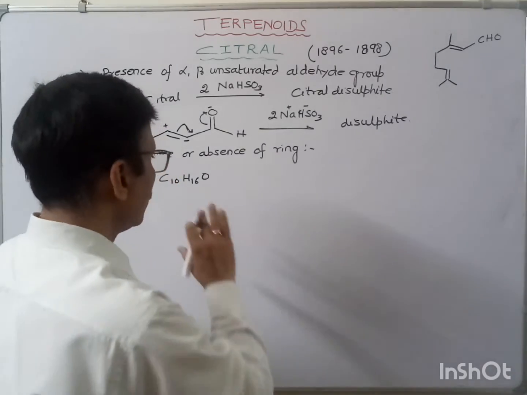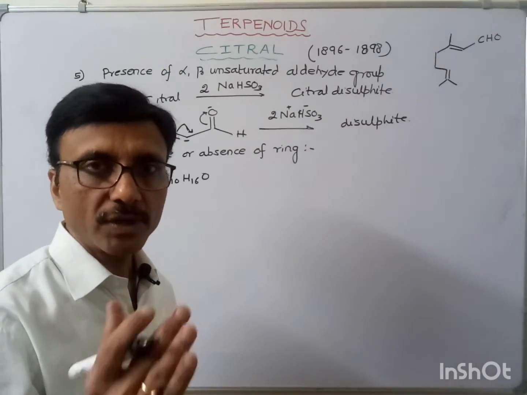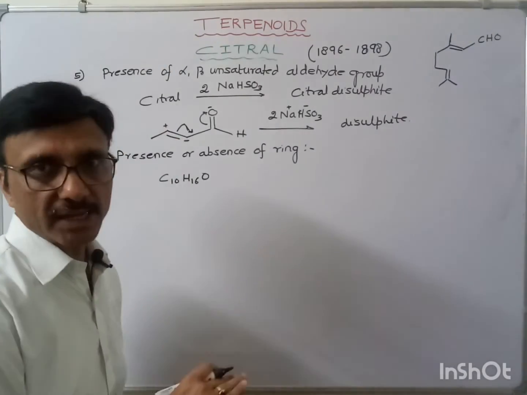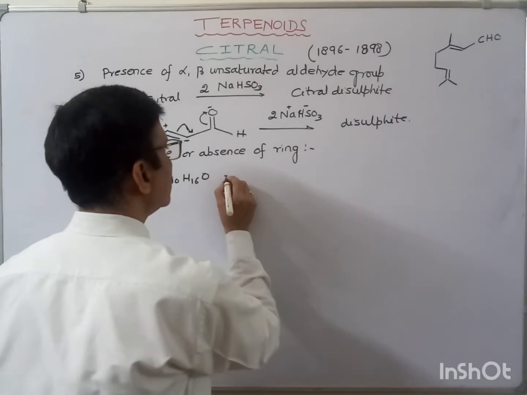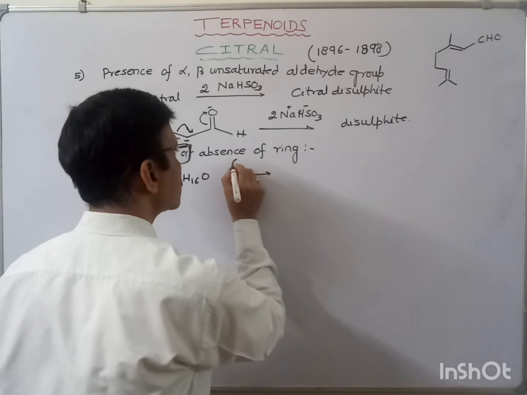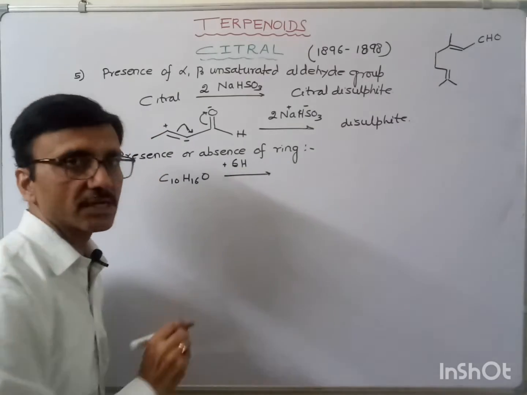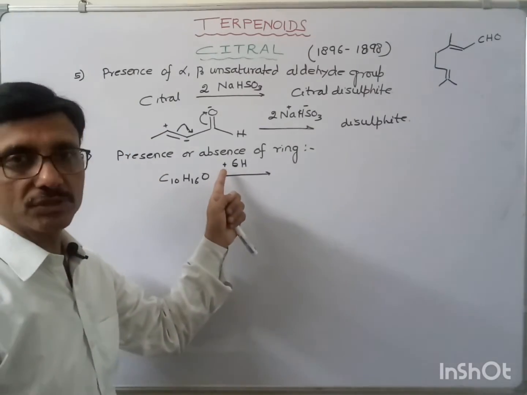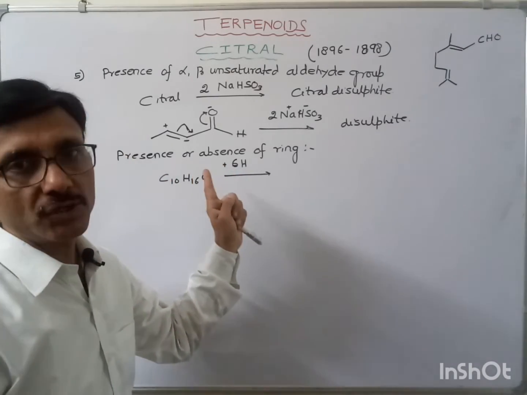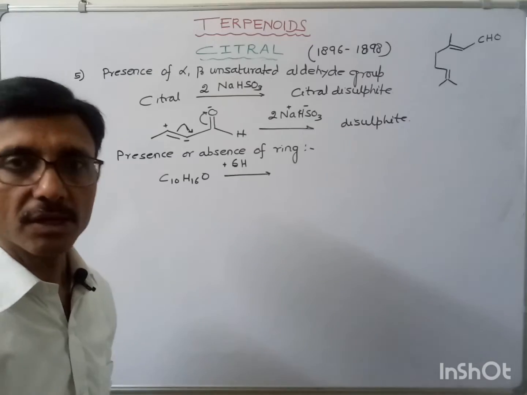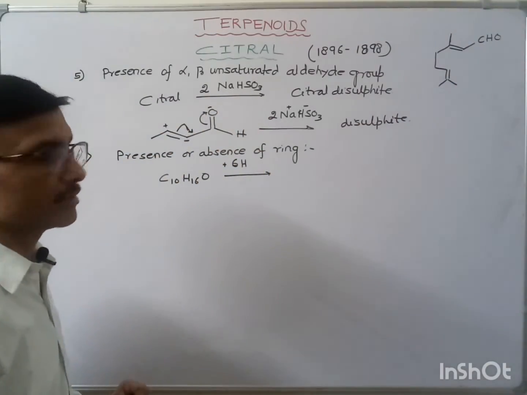So if all these pi bonds are converted into the parent alkane form or saturated hydrocarbon, then we should add 6 hydrogen. Why 6 hydrogen? 4 hydrogens for the carbon-carbon double bonds, and 2 for the aldehydic C double bond O pi bond.